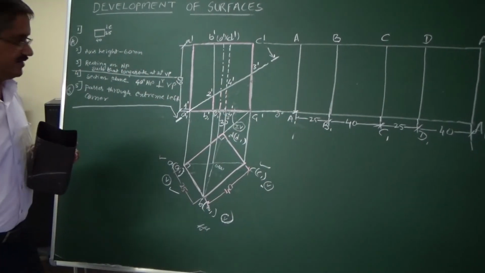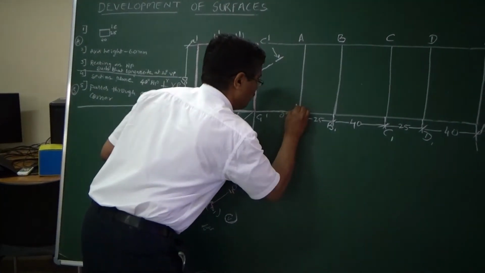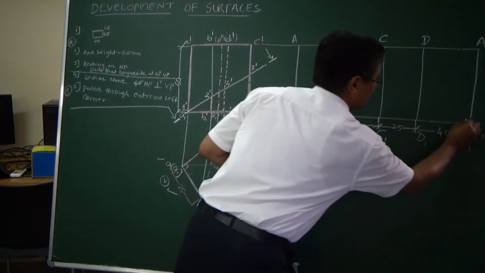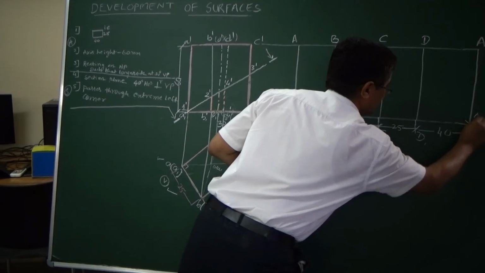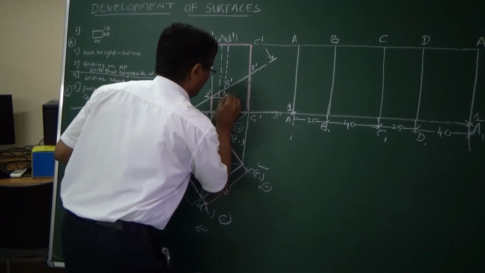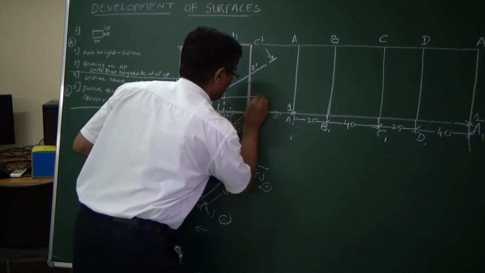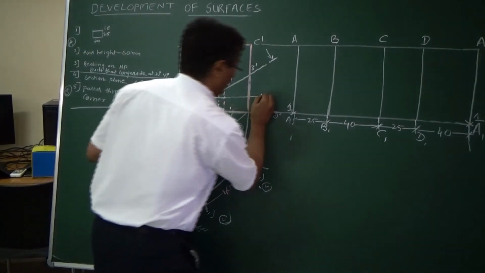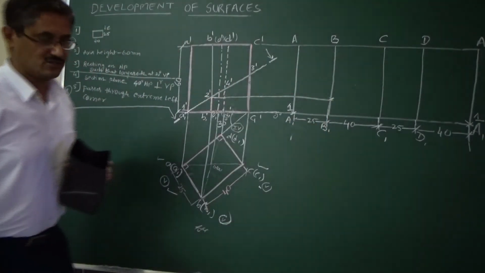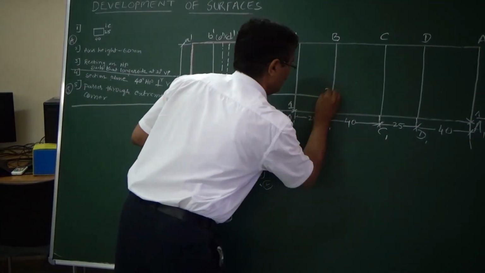You can mark an intersection point and call that 1. Similarly here also you will get the same point. This is your 1. Next, draw a horizontal line here to the BB line. This is the BB line, and this is the point. This will be your 2.